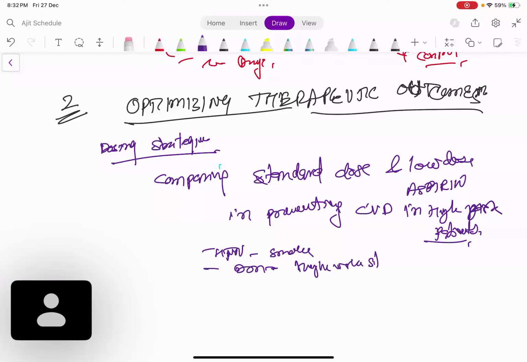So these people are at high risk of getting CVDs. So it is recommended that you can start with the low dose or standard dose of aspirin. So we can plan the therapeutic outcome, comparing standard dose versus low dose in preventing the cardiovascular event in high risk patients.